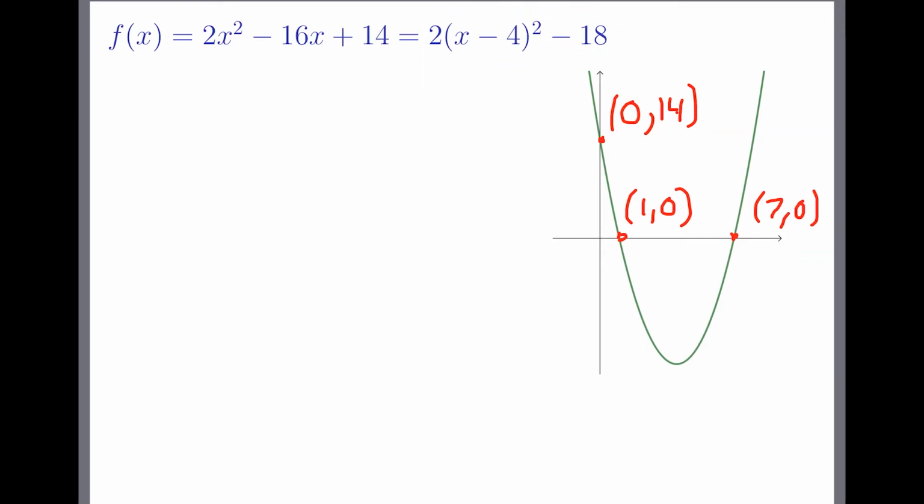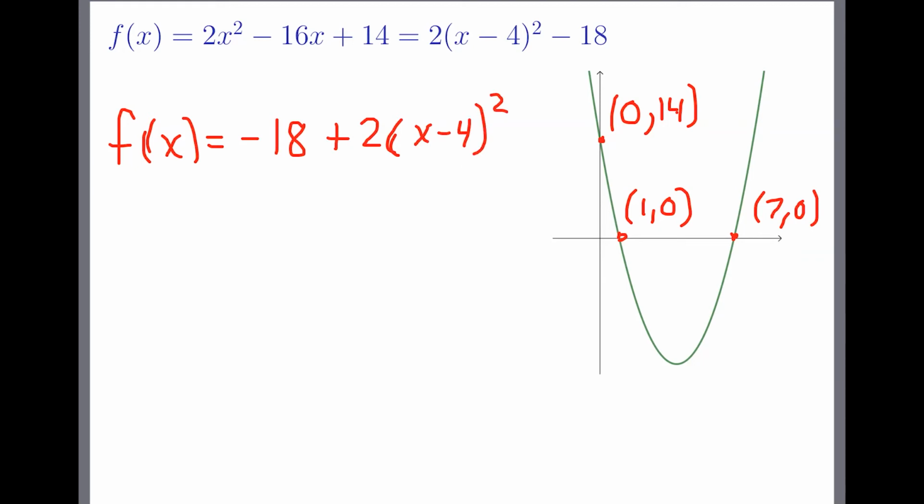Well, what I'm going to do is write this formula ever so slightly differently. I'm going to write it as f of x equals negative 18 plus 2 times x minus 4 squared. And now I'm going to think about what happens when I plug various things into this function. So, what's f of 6?